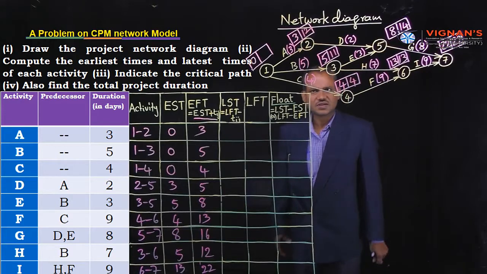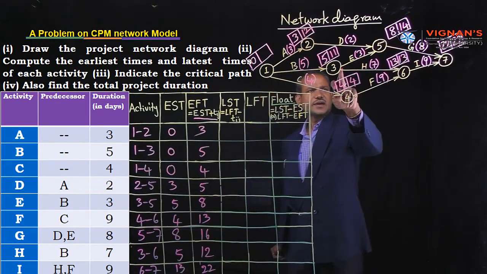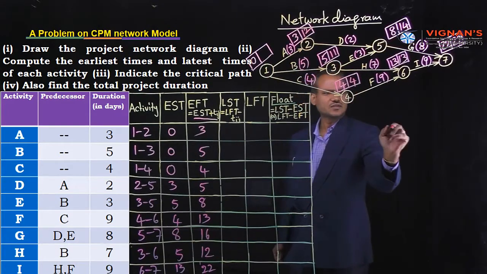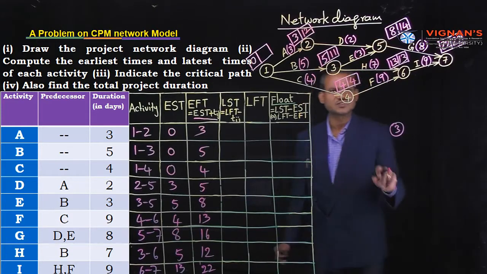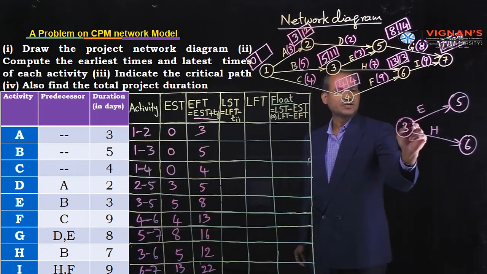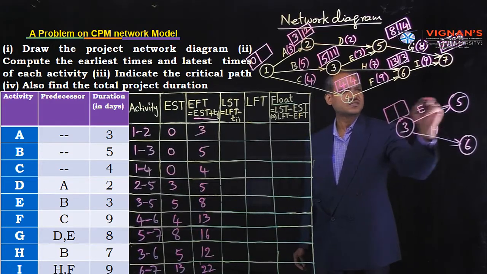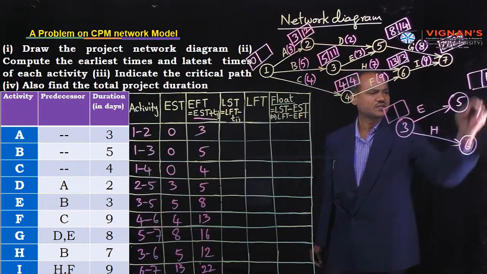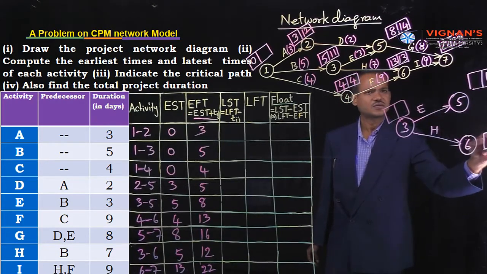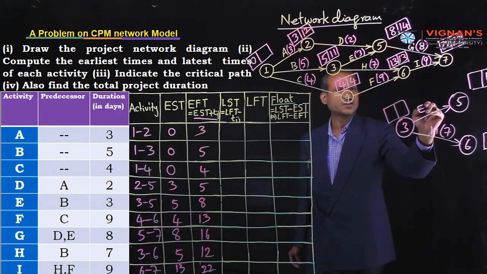That means latest timings. Coming to this node 1 or event 1. So actually node number 3 is a junction event or junction node. There are two routes. Event number 3 is a junction event. Junction event means there are two routes. Here 14, here 13. H value is 7. E value is 3.